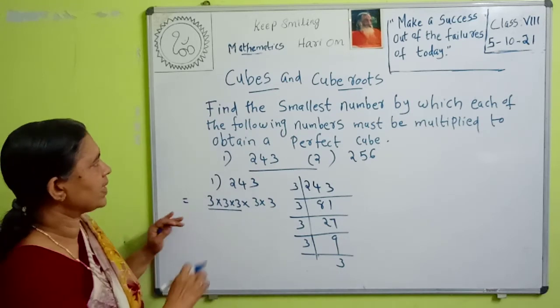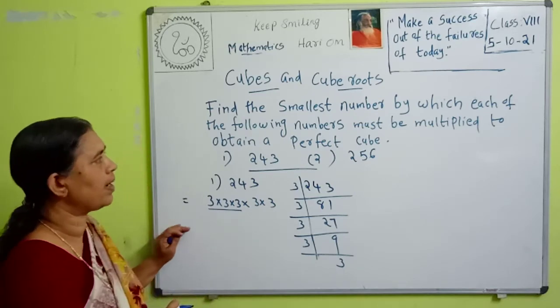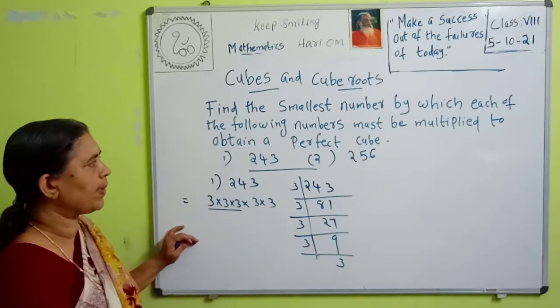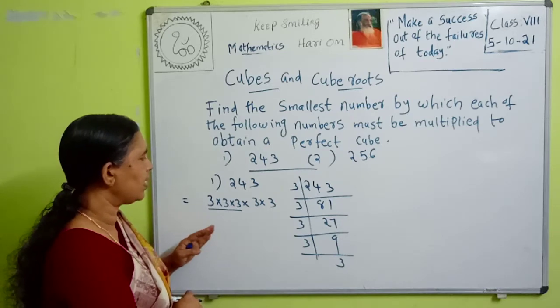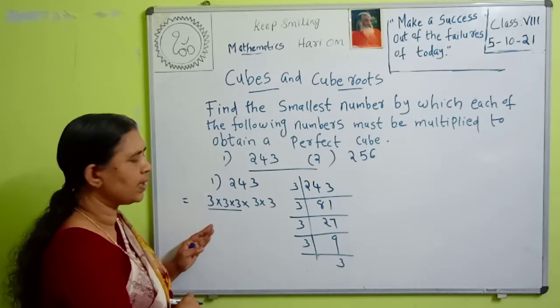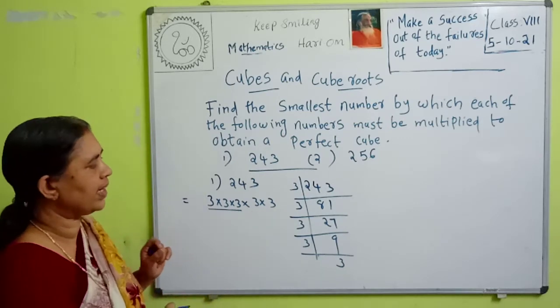So what is our question? Find the smallest number by which the following numbers must be multiplied to obtain a perfect cube. So what is the smallest number to be multiplied to get a perfect cube? If we multiply this by 3, then we will get a perfect cube.